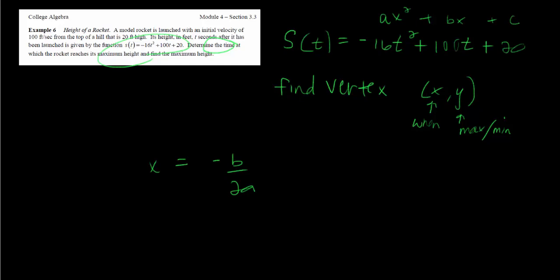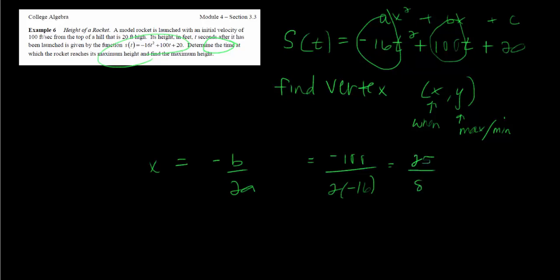So b is 100. That means opposite b is negative 100. a is negative 16. So right here we're going to put 2 times negative 16. This simplifies to a positive number, and it's going to be 25 over 8.